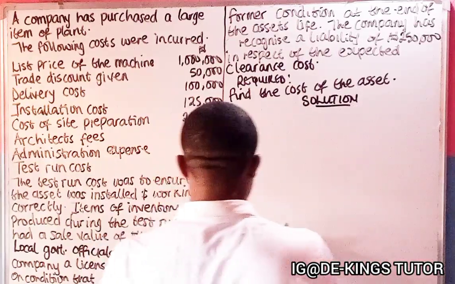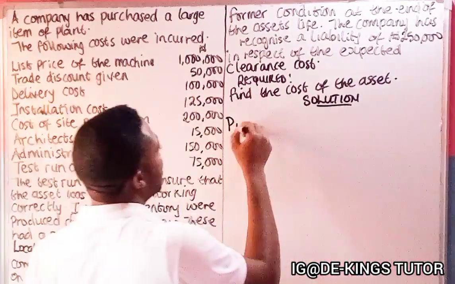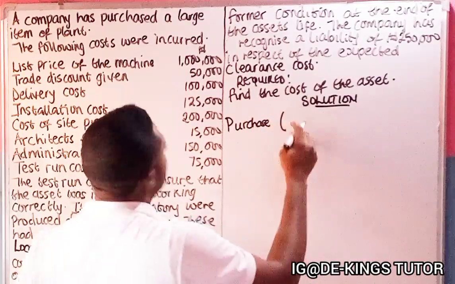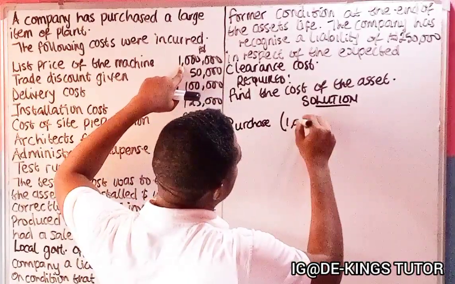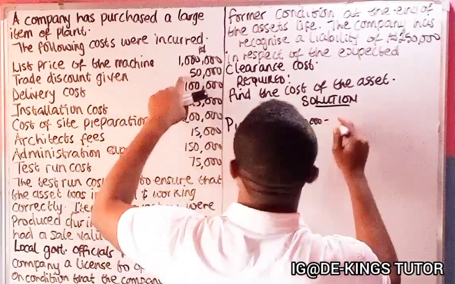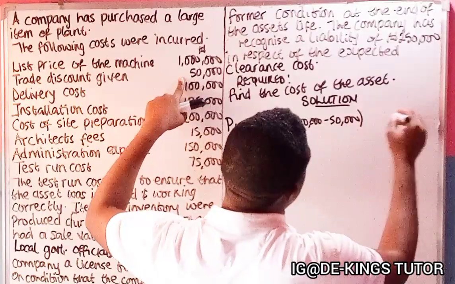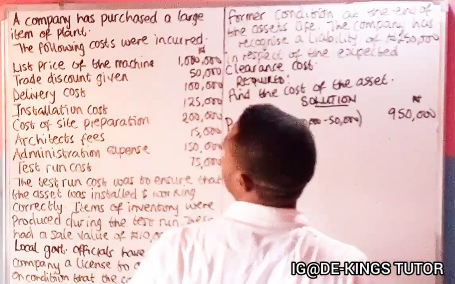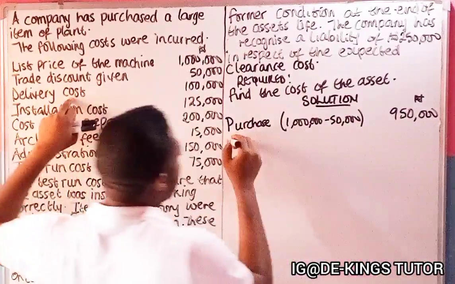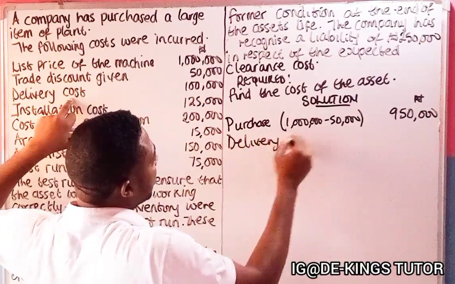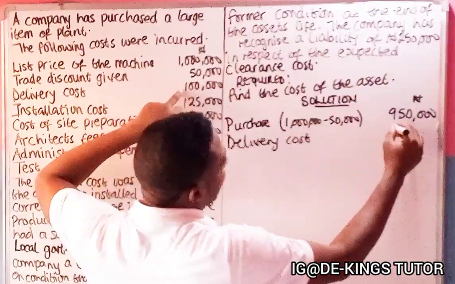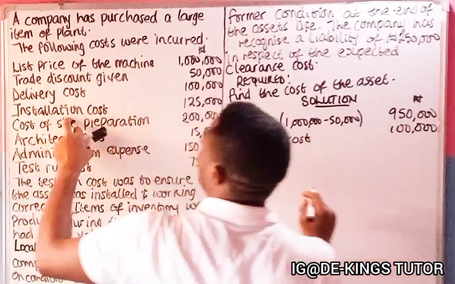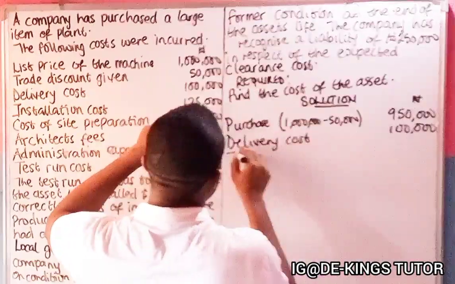So it will now be 1 million minus the discount of 50,000, which will give us 950,000. Okay. The next one is the delivery cost. So we have delivery cost of 100,000. Okay. The next one is installation cost of 125,000.